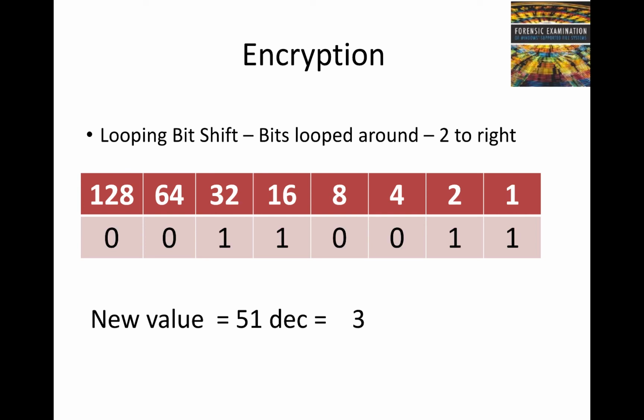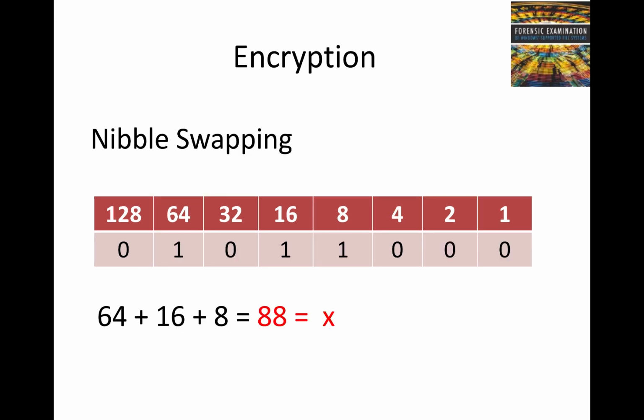And you see that those ones that were previously on the left-hand side, the 1, 1 under 128 and 64, are now under the 2 and the 1. And we've shifted everything over. So we went from 204 decimal, which is that little graphic character, to decimal 51, which is the number 3. All right, so that's doing it 1 or 2 bits at a time.